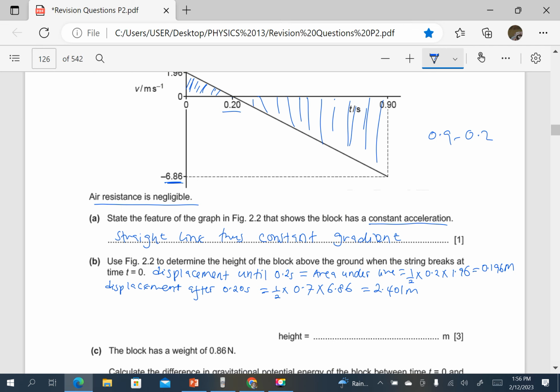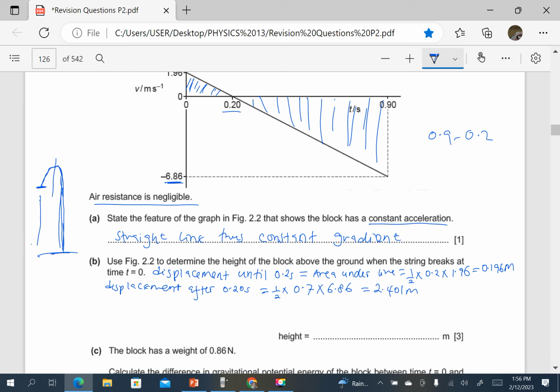So we now want the height. Note that from 0.2 the body is falling. It first continues upwards to the maximum height for 0.2 seconds, then it falls back until it reaches the ground. So if it started from here, at 0.2 it reaches maximum height, then it falls in the opposite direction. It falls below the point of projection.